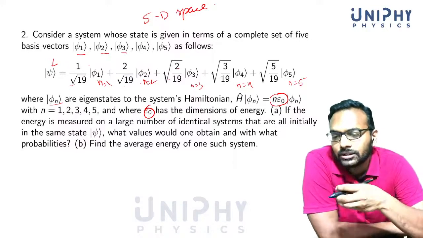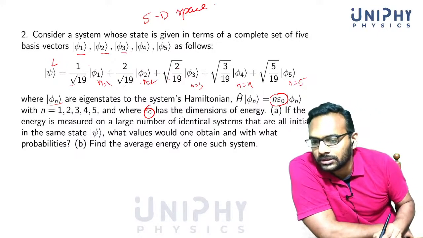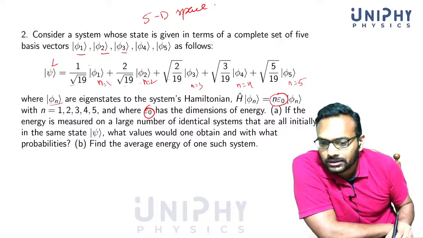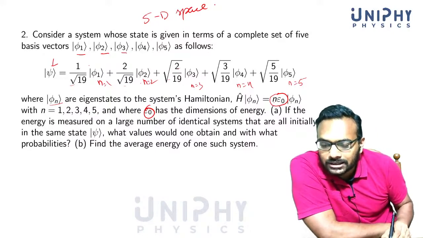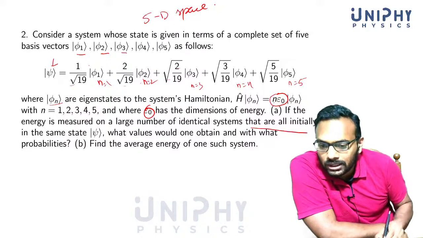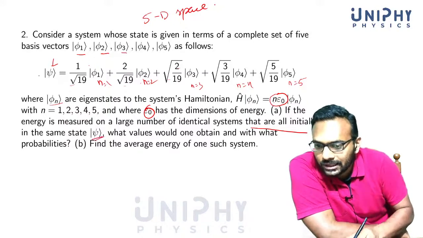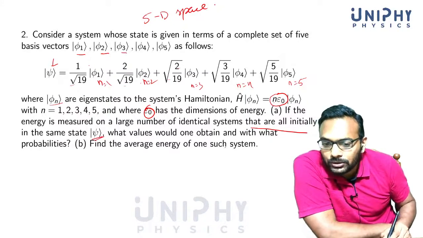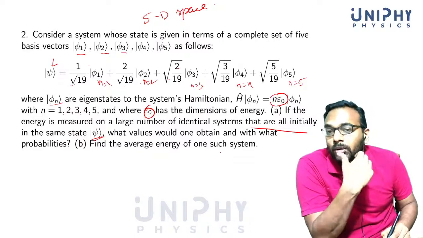That's the question. If the energy is measured on a large number of identical systems that are all initially in the same state psi, what values would one obtain and with what probabilities?